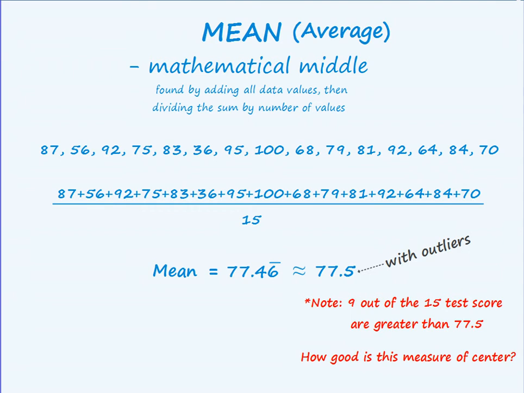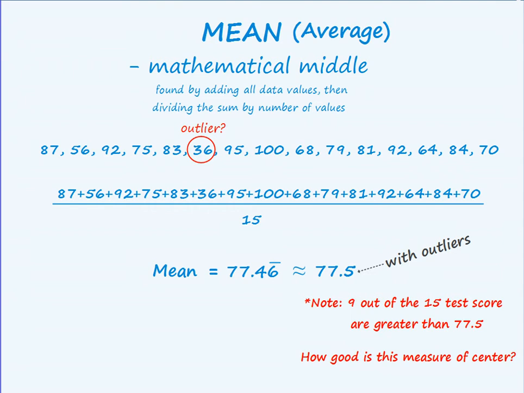But there's one test score that's pretty far outside that range, and that's the 36. I don't have any other test scores in the 30s or 40s or even the low 50s. And that makes 36 a pretty big outlier.